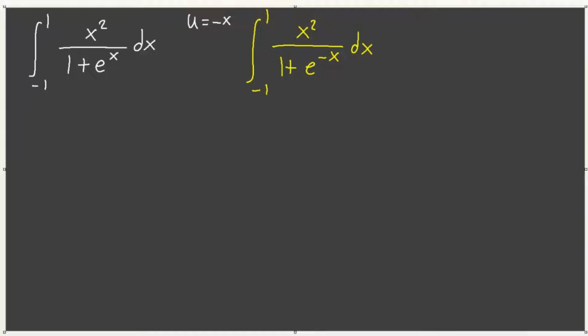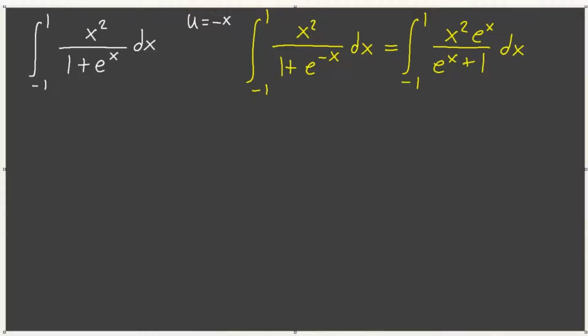Now you're wondering, how does this make this any better? Well, we have e to the negative x. What do we always do in algebraic manipulation? If you remember your intermediate training, we multiply top and bottom by e to the x, and we get e to the x plus 1.